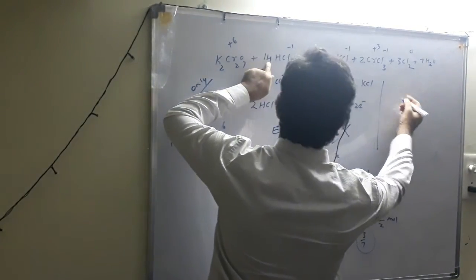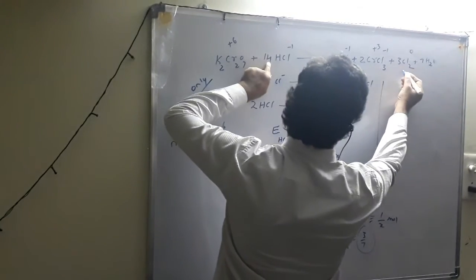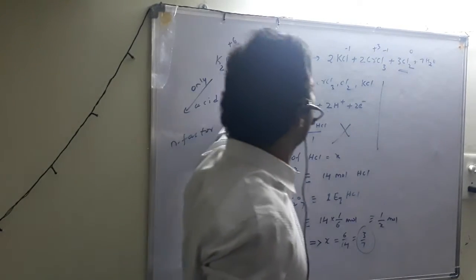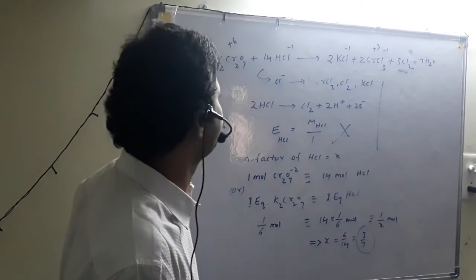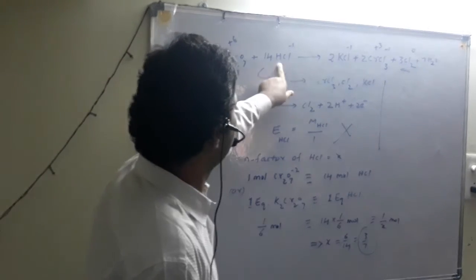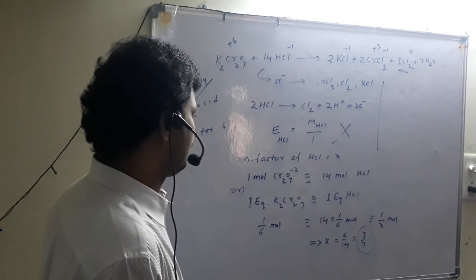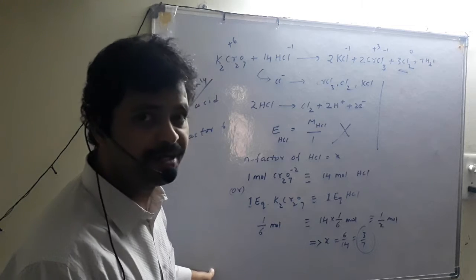14 moles of HCl produce, see here, 6 moles of chlorine, oxidation state change -1 to 0. Increase in oxidation state, that is the oxidation process. HCl chloride participated in the oxidation process. Then, in a single step, how can you do it, by avoiding this total theoretical part?